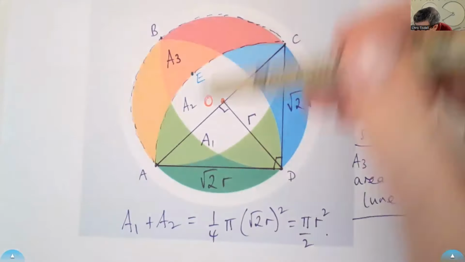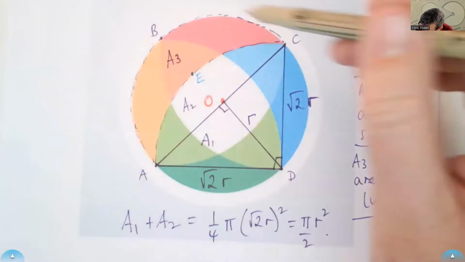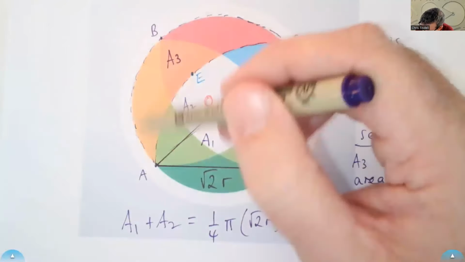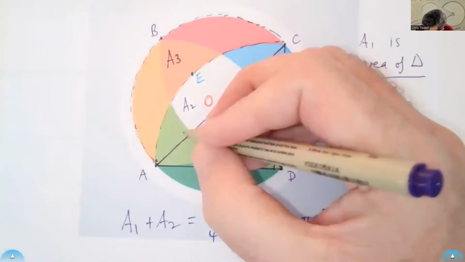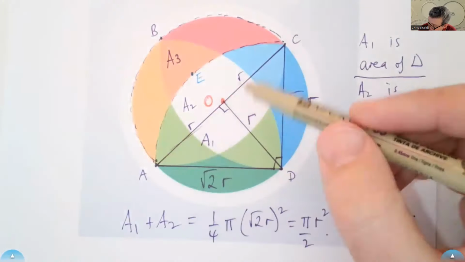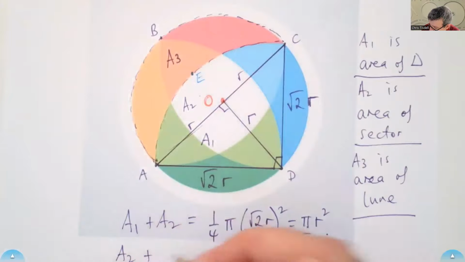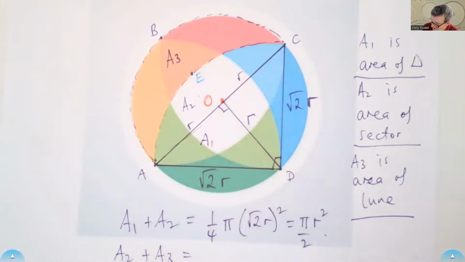Okay, so now what? Well, let's look at this semicircle or half disc. Okay, so this is a semicircle with radius r, and its area is A2 plus A3. All right, so what's that going to be?